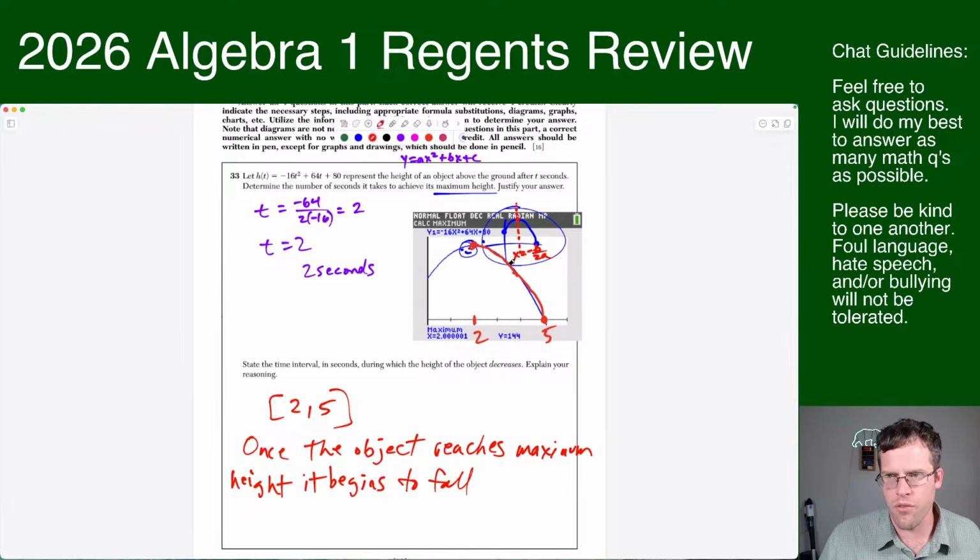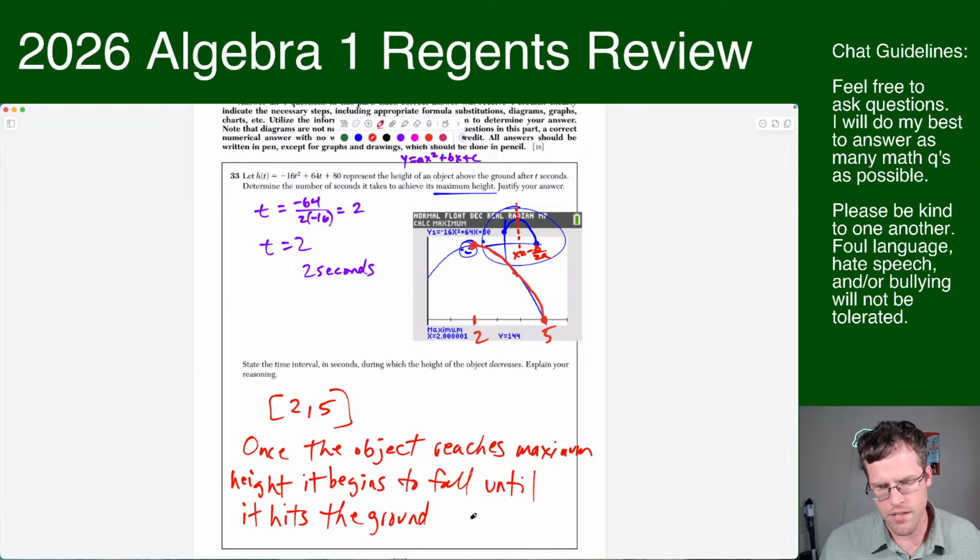Remember, it doesn't go through the earth. That would be insane. So the object reaches maximum height. It begins to fall until it hits the ground. And when does it hit the ground? It hits the ground at t equals 5 seconds. Okay, until it hits the ground at t equals 5 seconds.